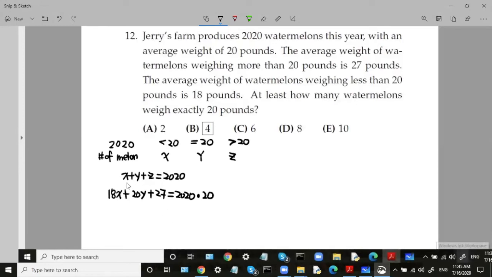Okay, so then we try to eliminate one variable. Let's eliminate z, since we need to know at least how many watermelons weigh exactly 20 pounds, so we need to keep y.